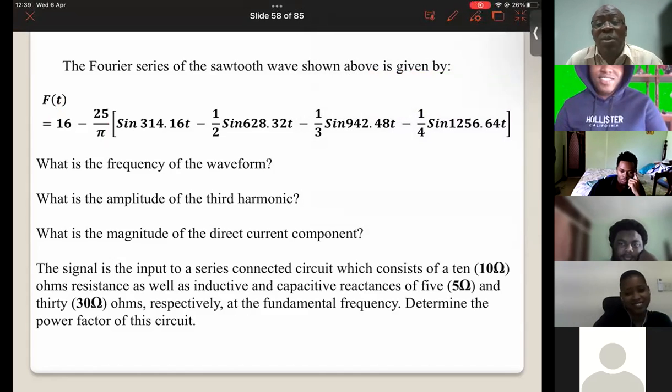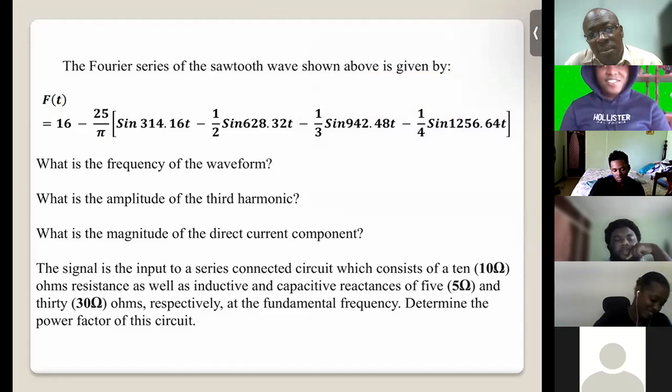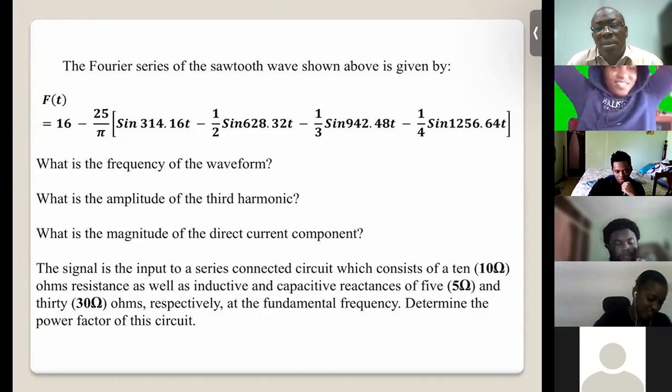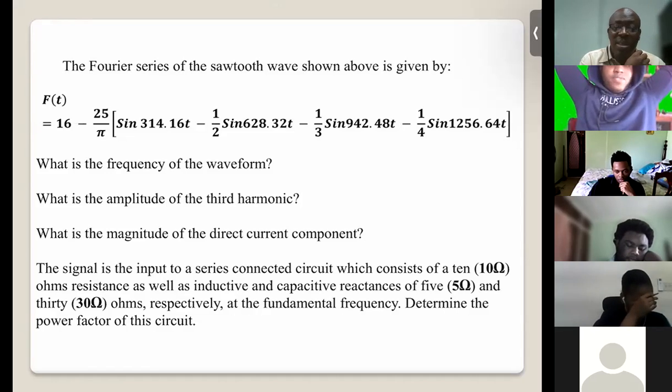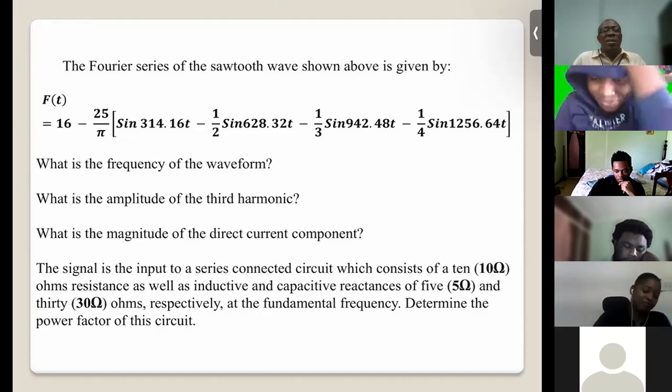Exactly. So what is the amplitude of the third harmonic? 25/3 pi. So easy, Mr. Miller. But you make it look so hard now. We have to be consistent, man. If it's easy, it's easy, and we just make it easy. We don't make it more difficult than it is.